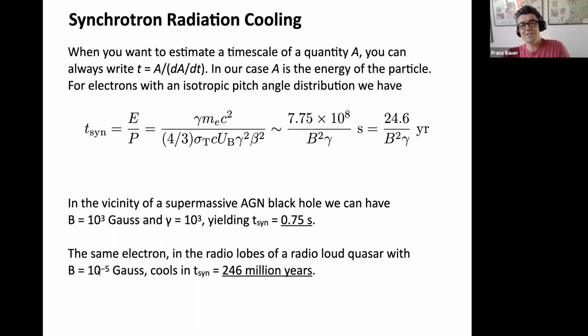And because this is 8 orders of magnitude and this is squared, this is a huge, huge difference. So magnetic field makes a very strong difference in how much radiation comes out and how fast the particle will lose energy. And so a particle in the radio lobe will take roughly 250 million years to radiate that energy, right? So it's pretty significant.